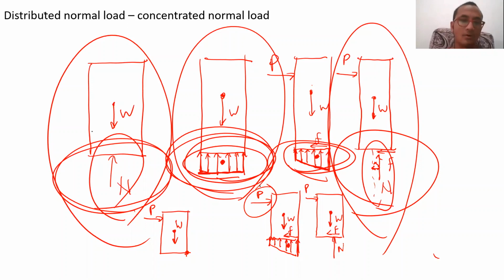So the contact only happens at the edge. The normal force is only at the edge, and the friction force is only at the edge. That's the idea behind it, because now there will be no contact at this particular area, so the contact will only happen at the edge, because tipping is about to happen.